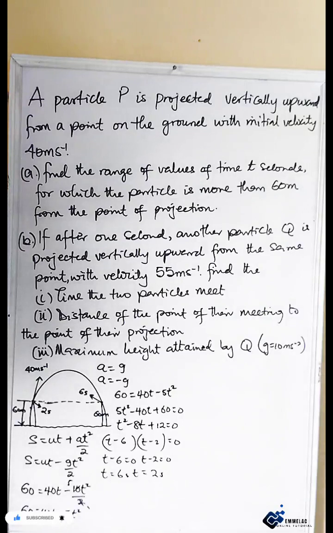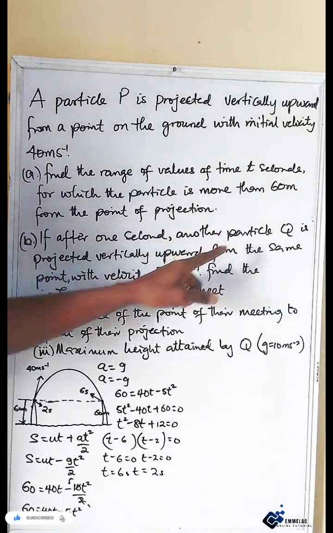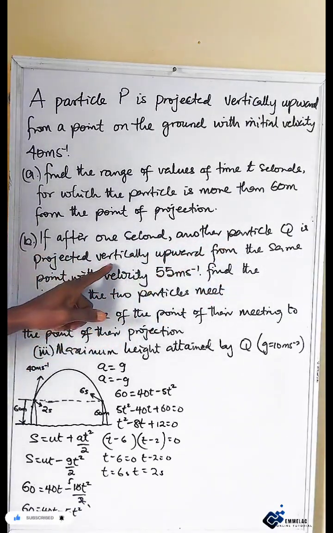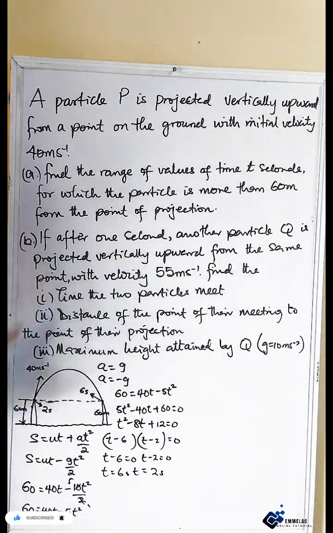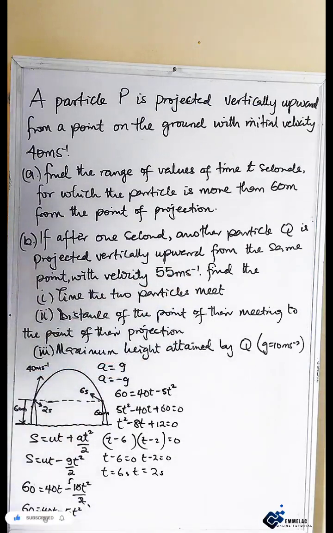Then the next one here is B. What we just need to do here: if after 1 second another object Q is projected vertically upward from the same point, so from this point another object is being thrown, find the time the two particles meet.